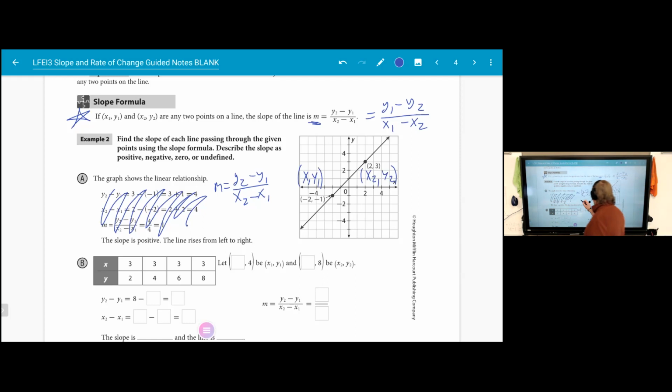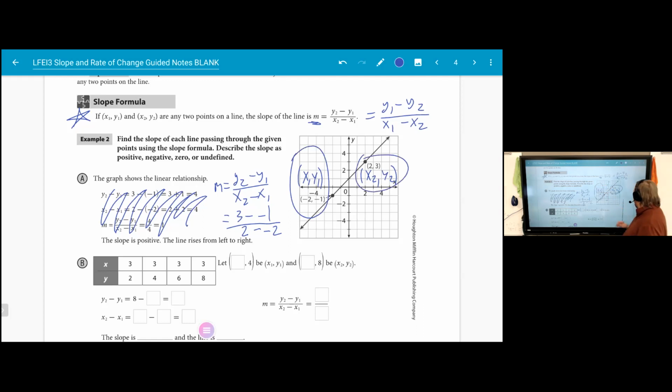y2 would be 3 minus y1, which would be -1, divided by x2, which we called 2, minus x1, which we called -2, right? We just did this point and this point.